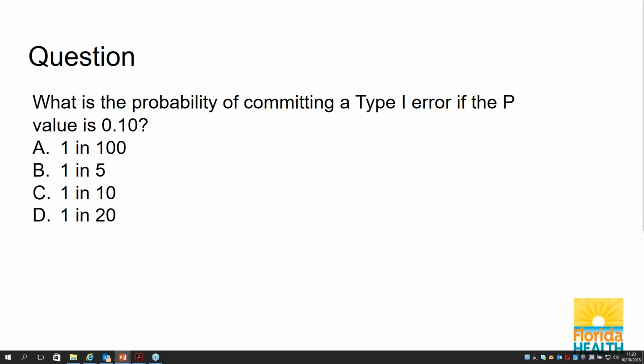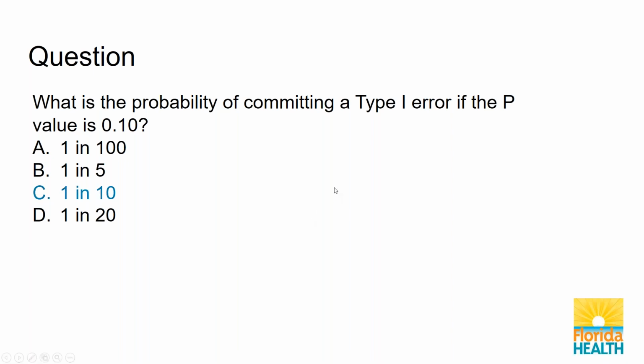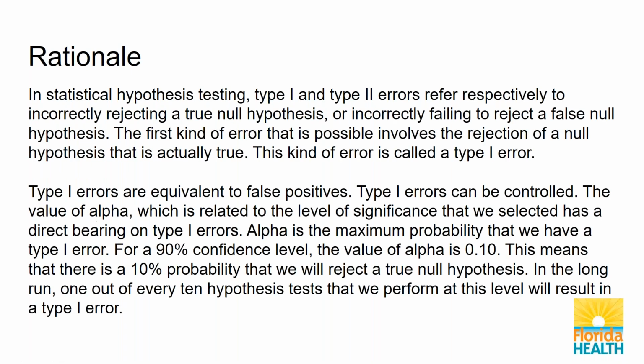Okay, we have some people guessing. Some people saying they don't know. That's okay, this is why we do these questions. This one's actually from the APIC text. So the correct answer is 1 in 10. So let's read through the rationale.